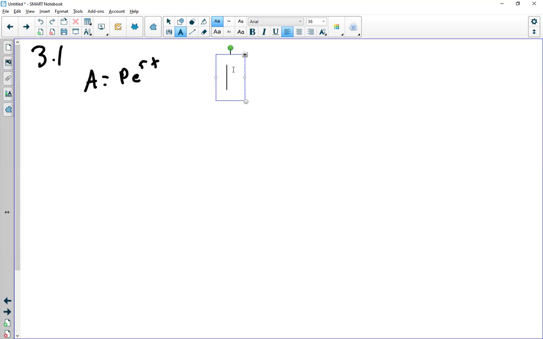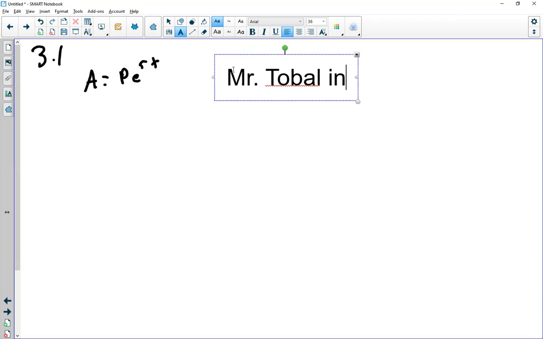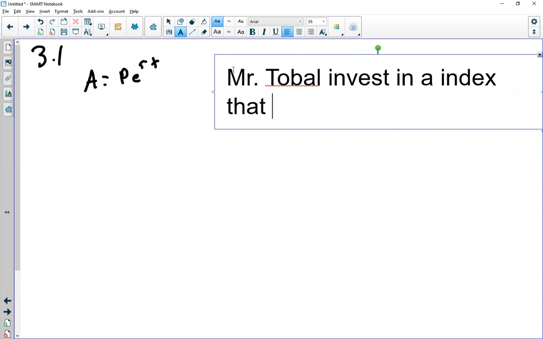You remember what E is, that special number, as well as the special part of your calculator? Yes, it's that E. So Mr. Tobel does the same thing, invests in, not a bond, let's do an index that pays 5% on a continuous basis.